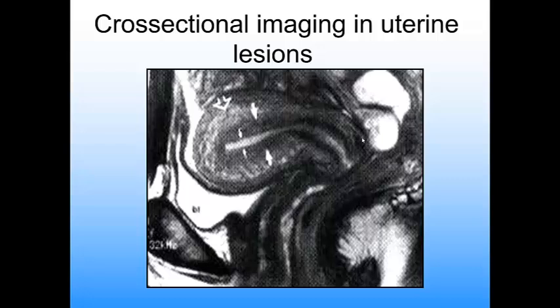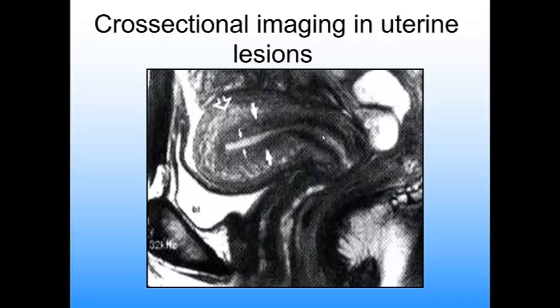Then here comes the cervix also. The normal zonal anatomy of the cervix is very important in the diagnosis of early cervical cancer. So we have here the endocervical canal, and here the inner stromal zone, which appears hypointense, meaning black on T2, and the outer zone is intermediate signal on T2.